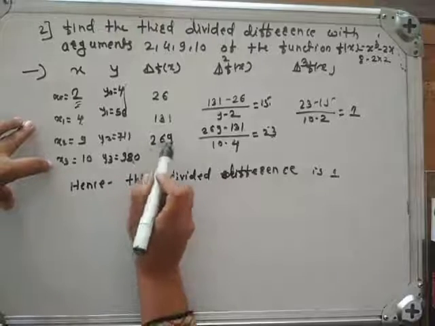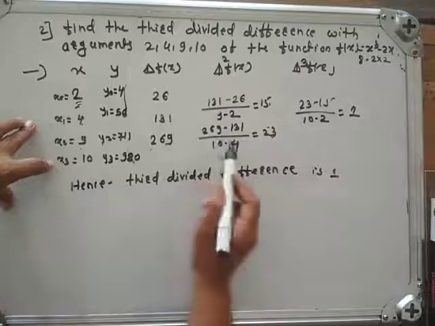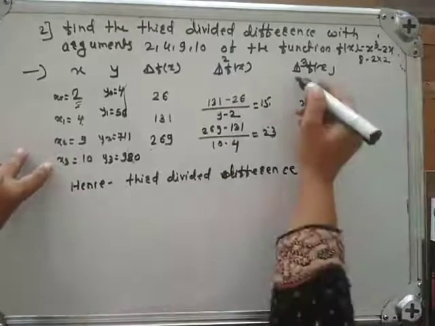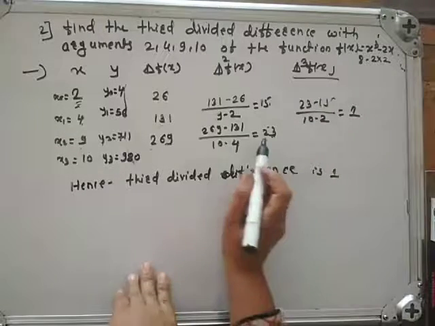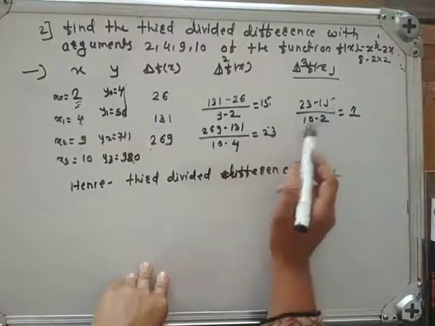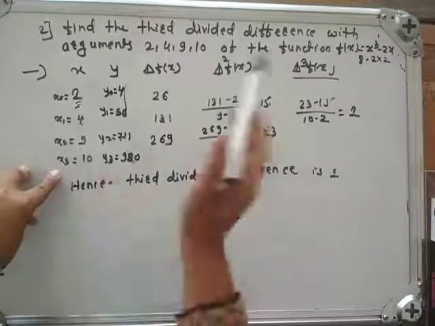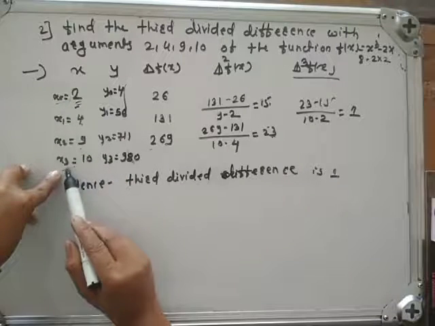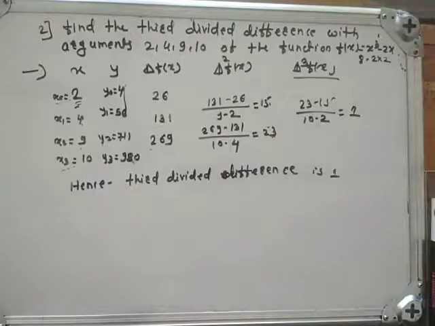So 269 minus 131 upon x3 minus x1. Okay. Next you have to calculate the third divided difference. So here 23 minus 15 upon x3 minus x0, here is 10 minus 2. Okay.